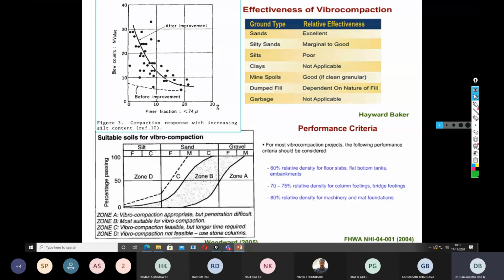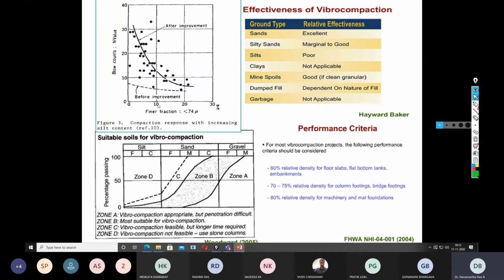The improvement was ascertained by measuring the SPT N value. On the ordinate we can see the SPT N value, and on the x-axis it is the fines content. When the fines content is less than 10%, the SPT value is very high.